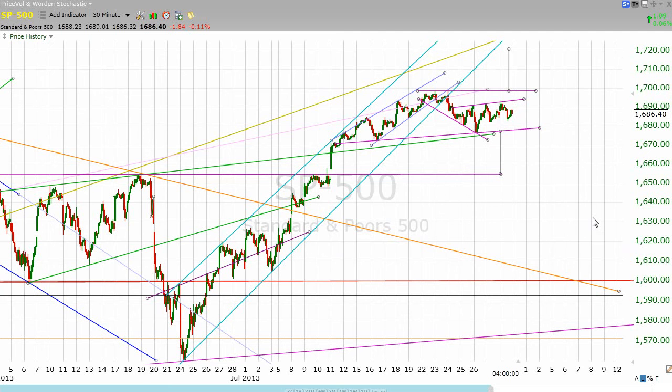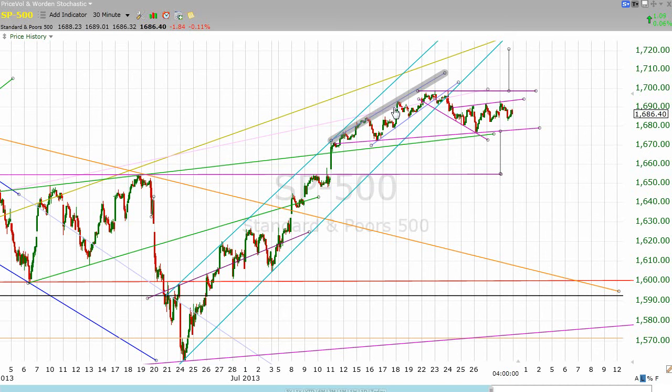controlled move upwards. This lower channel line broke last week, and now the question has been, did it break in order to reverse us back down to test support in the 1650s or even in the lower 1600s?